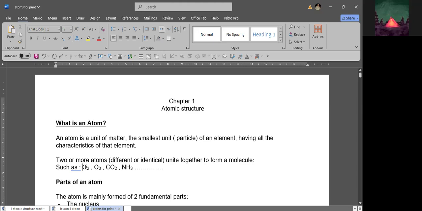If they are identical, we call them elements. If there are different atoms, we call them compounds.